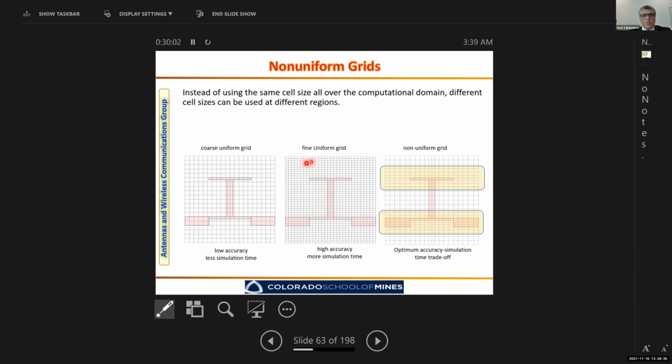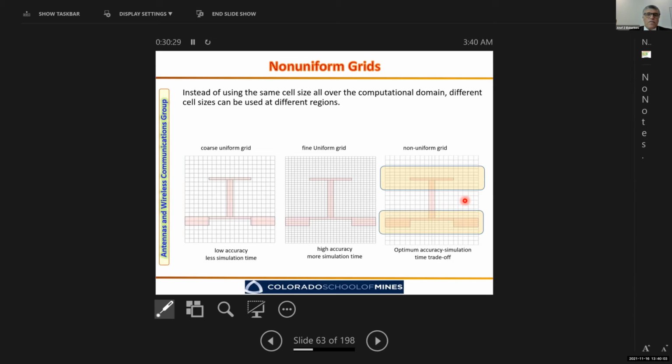The difference is the number of meshes here or nodes here and the number of nodes here. Remember, if I reduce the number of nodes, each node is associated with 6 field components, so I'm tremendously reducing the number of computations. So basically, we need to develop an algorithm in which we can have a fine mesh in certain areas in the domain and a coarse mesh in other areas in the domain.